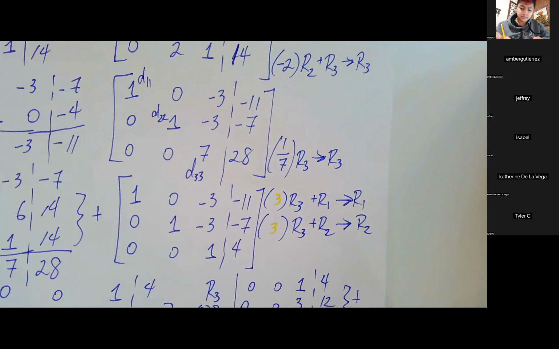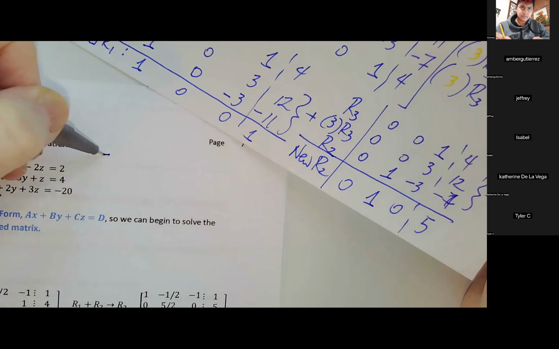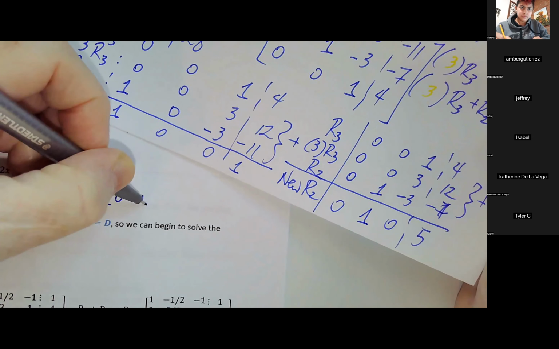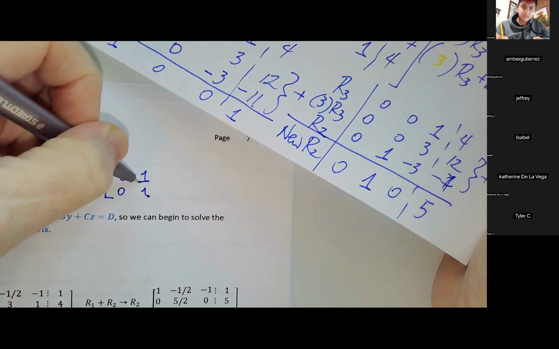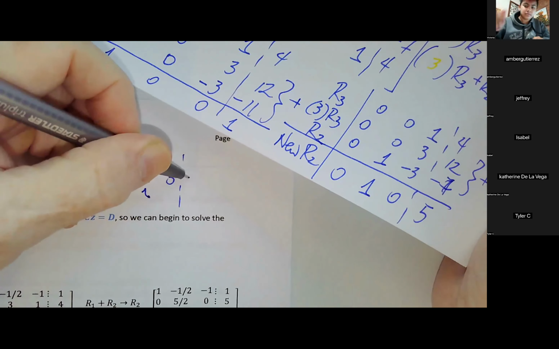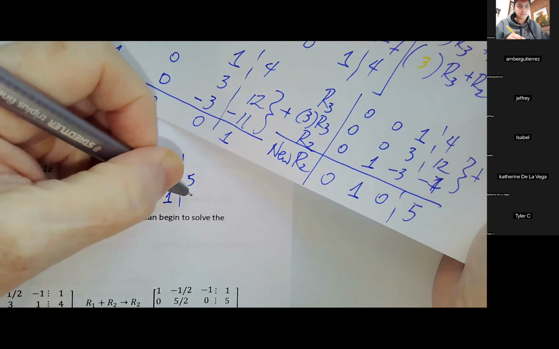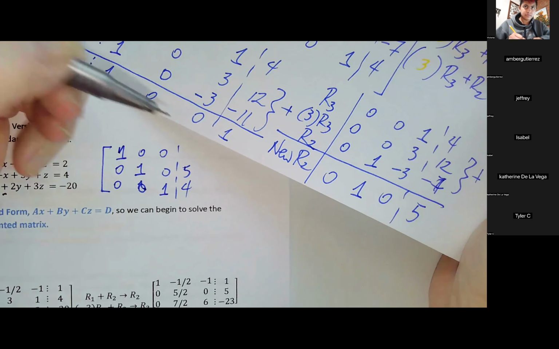So our final matrix is going to be, let's see, 1, 0, 0, 1, 0, 1, 0, 5, 0, 0, 1, 4.